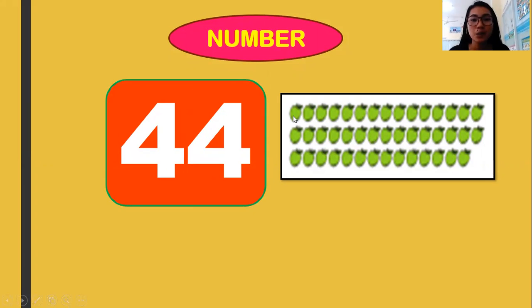Everybody count with me. 1, 2, 3, 4, 5, 6, 7, 8, 9, 10, 11, 12, 13, 14, 15, 16, 17, 18, 19, 20, 21, 22, 23, 24, 25, 26, 27, 28, 29, 30, 31, 32, 33, 34, 35, 36, 37, 38, 39, 40, 41, 42, 43, 44. There are 44 fruits.